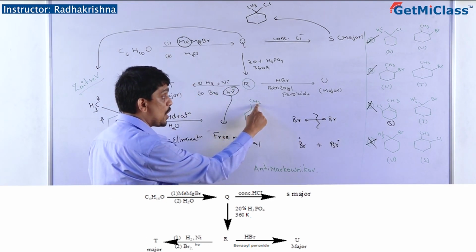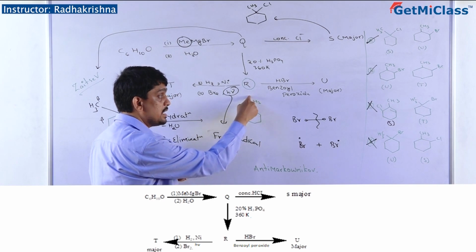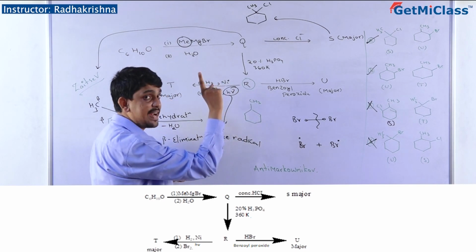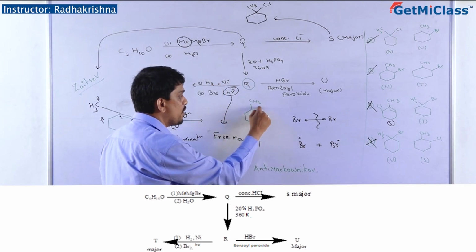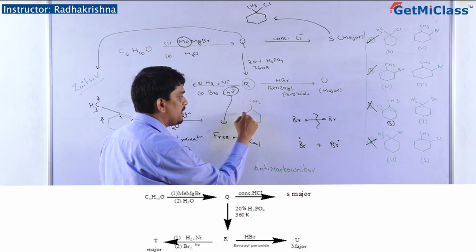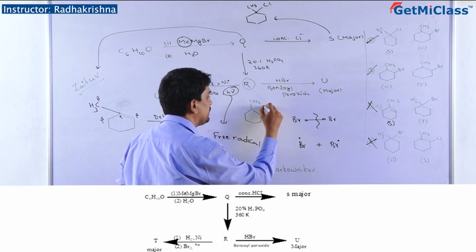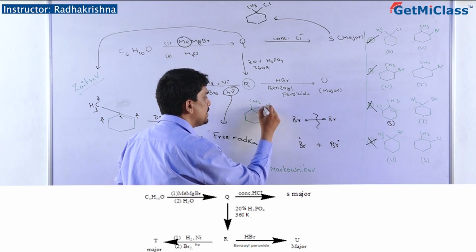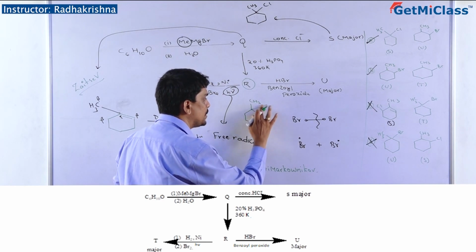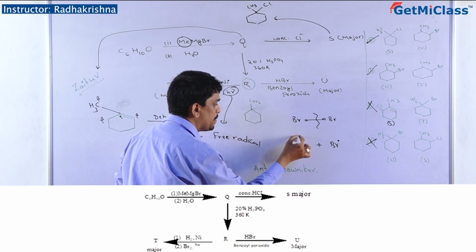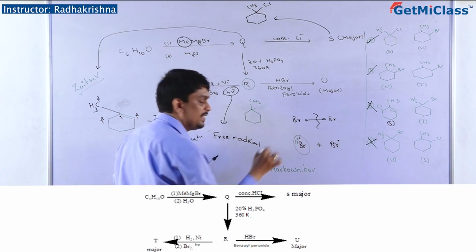If you remove H dot from here, what free radical do you get? Primary free radical. If you remove H from here, you will get tertiary free radical. See exactly, there is H here, right? So you show H dot going with a Br dot to produce HBr.